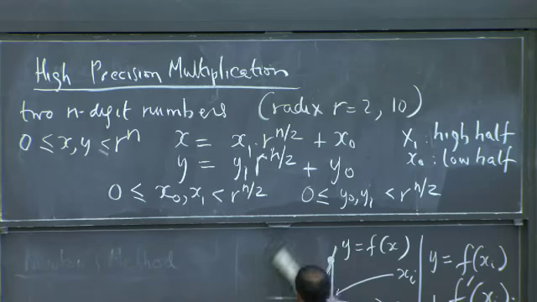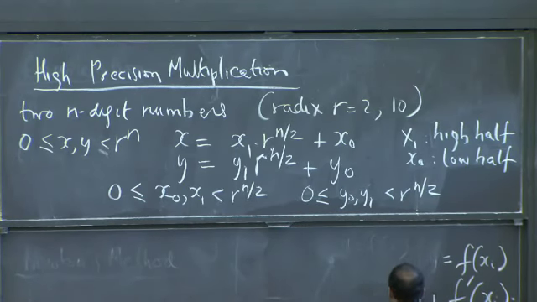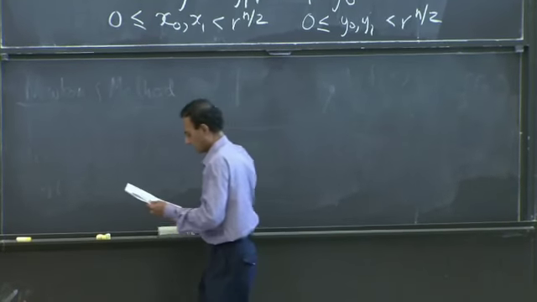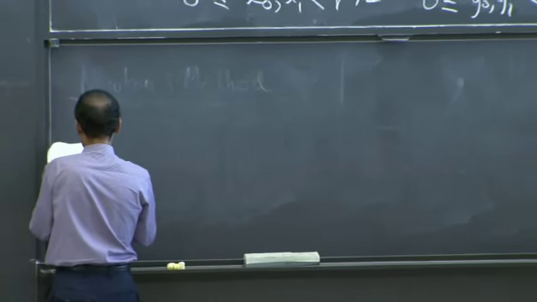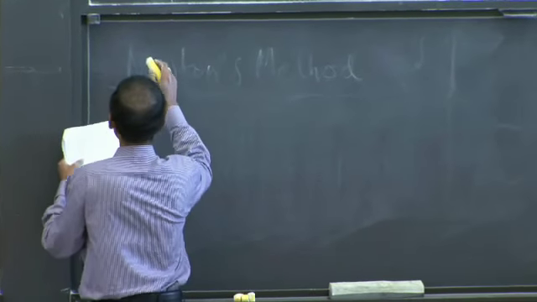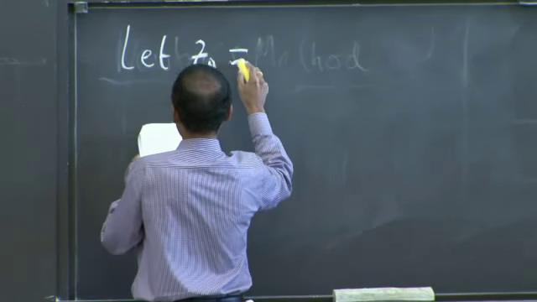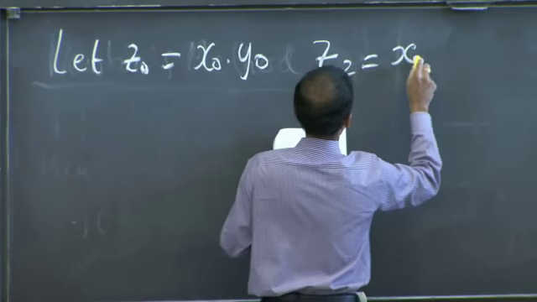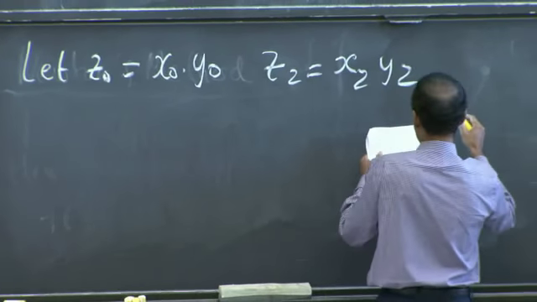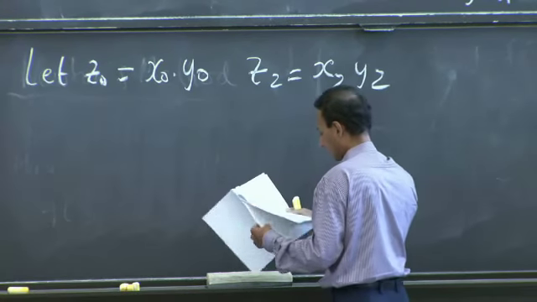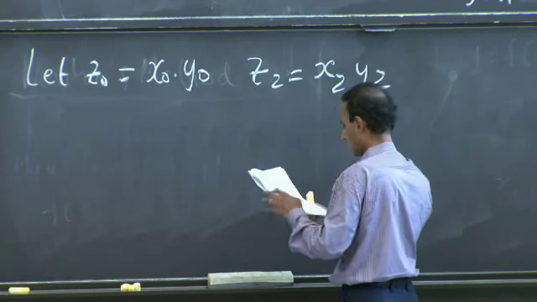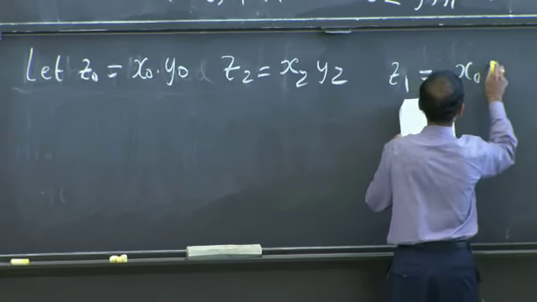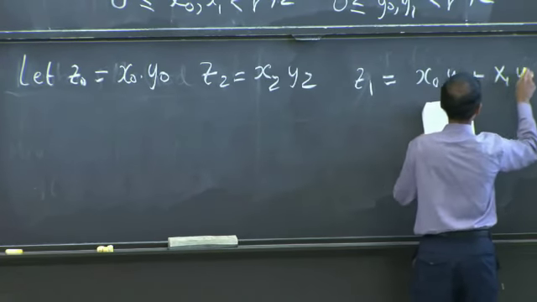If you do things in a straightforward way, you will create a recursive multiply. You say let z0 equal x0 times y0, z2 equals x1 times y1, and z1 equals x0 y1 plus x1 y0.